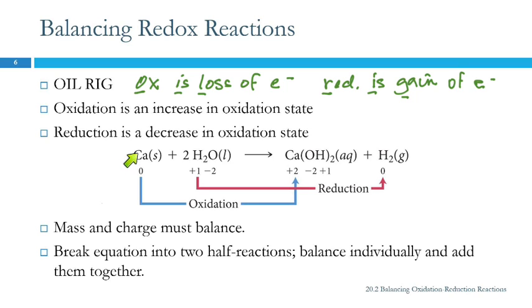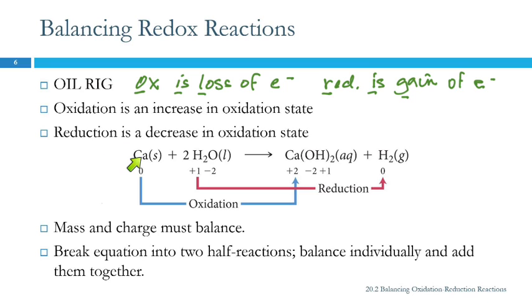So here, calcium has an oxidation state of 0, and over here it's going to have an oxidation state of +2. So that's an increase in the oxidation state. Here, hydrogen is +1, and over here, hydrogen is 0. The oxidation state has gone down. That's reduction.